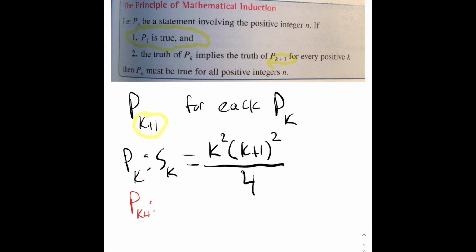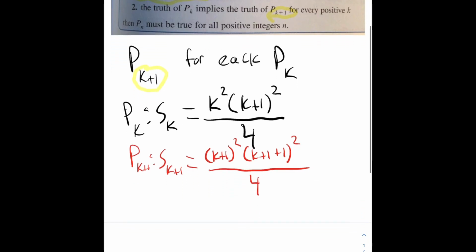So we're going to rewrite this as P of K plus 1 is K plus 1 squared. Every time I see a K, instead of writing K, I'm going to write K plus 1. This one has K plus 1, but I still have a plus 1 on the outside, and my denominator is not going to change because there are no K's.